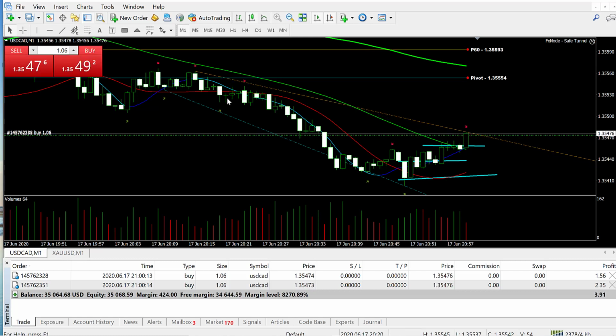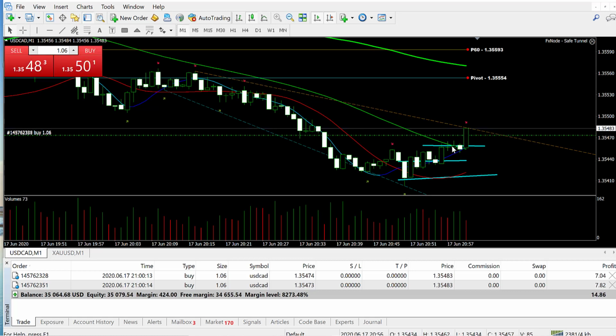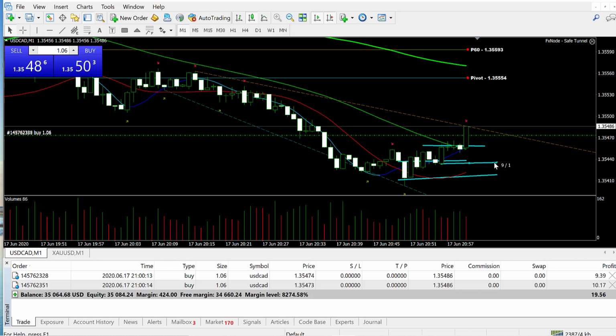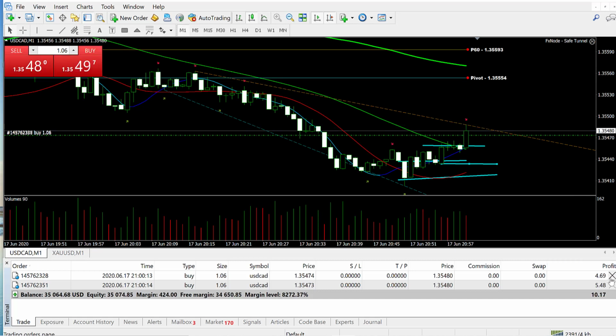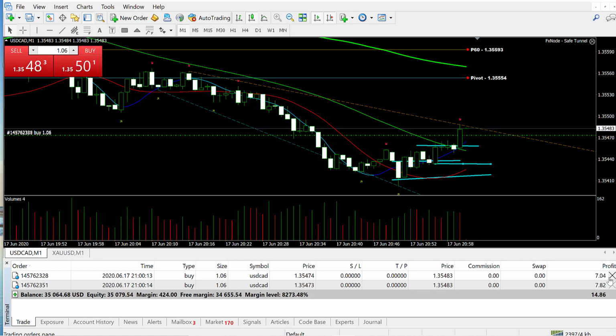There it is, y'all, in profit already. Like I said, consolidation point, trend line, above and below. Whichever direction it breaks, we're gonna place a buy or a sell. Now, I wouldn't recommend staying in these trades too long. Once they go into profit, collect what you can and get out. See what it does. Let it run a little bit longer.